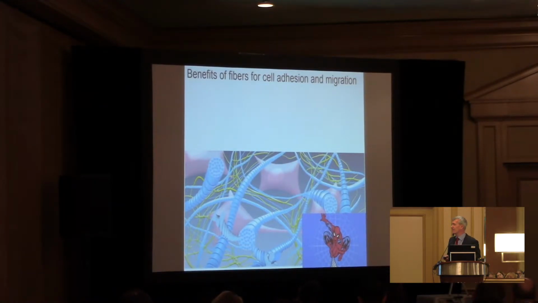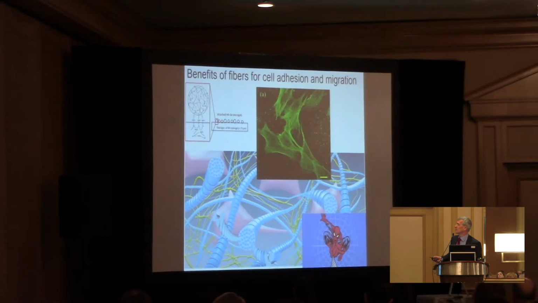So embedding fibers is a good idea. This cartoon shows how a cell, you see the cell with the nucleus, will extend some lobopodial extensions, grab fibers, and form focal adhesion points that it uses to pull itself through the material.